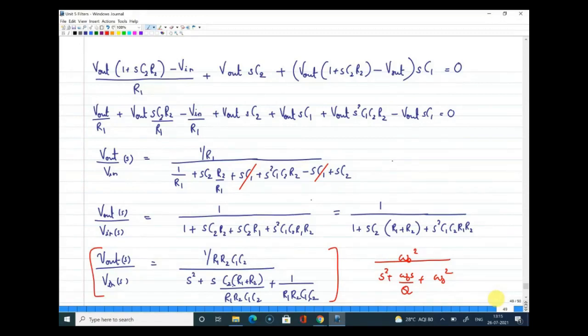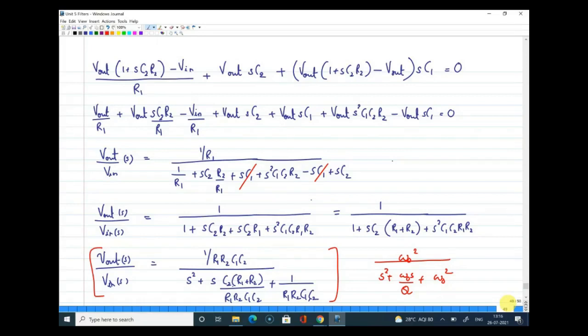Sir, from the transfer equation, how can we tell that it is a low pass filter? From the transfer function, we will not be able to tell directly, because the transfer function we have is of this form, 1 by R1 R2 C1 C2 divided by this form. Unless you are familiar with a lot of transfer functions, you will not be able to quickly say that this is this filter.